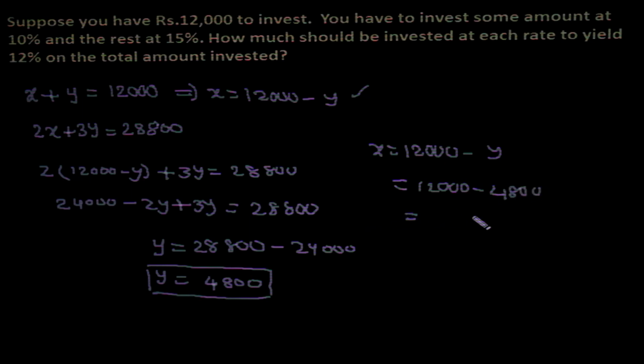Then 12,000 minus 4,800 is 7200. This is the value of x. x is 7200 and y is 4800. That's all.